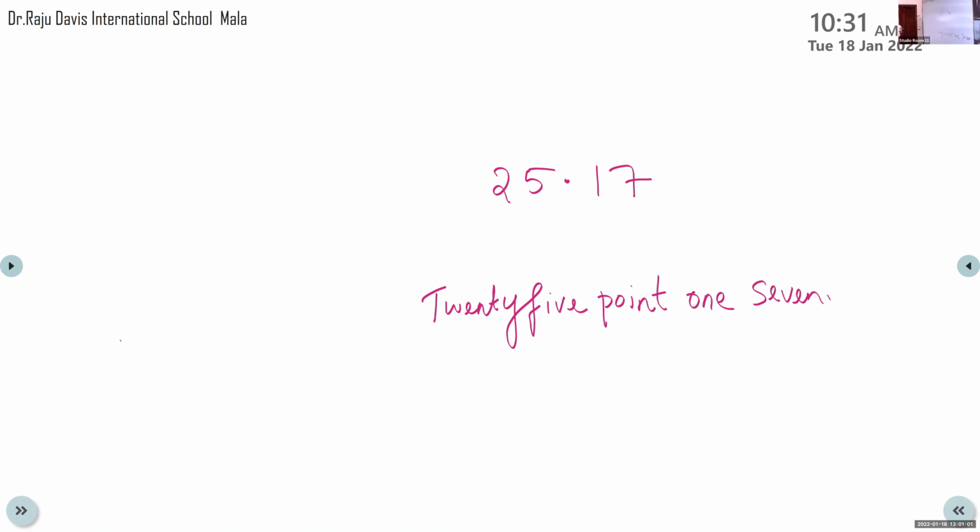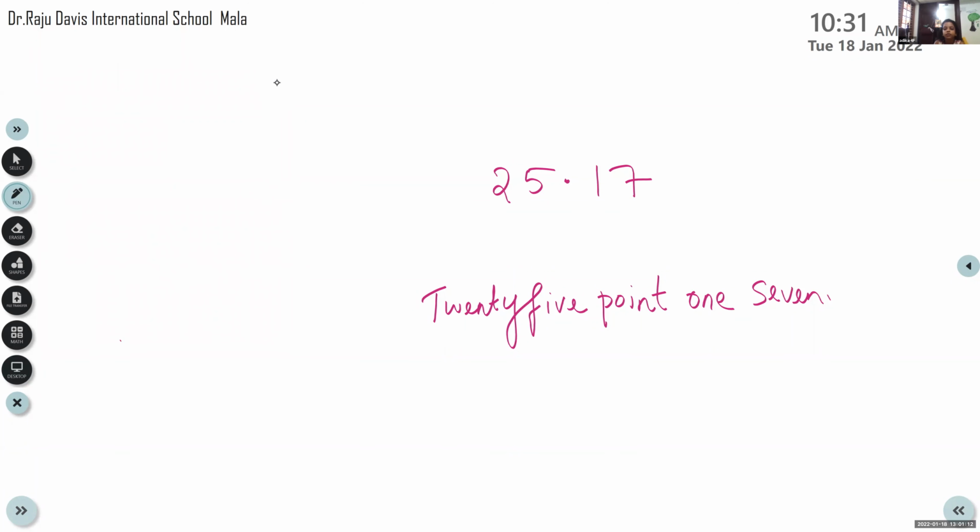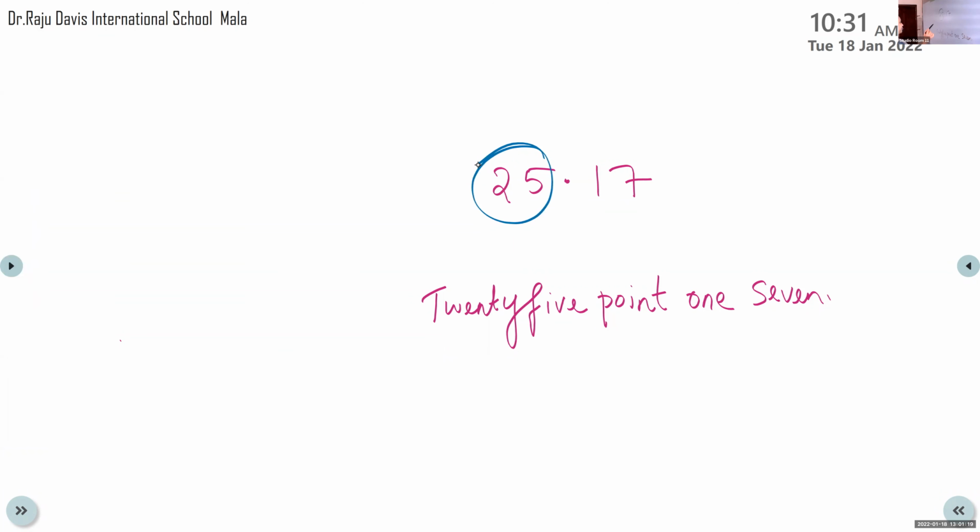25.17. Okay. Adhika, tell me what is the integral part here? 25. We can read that together as 25.